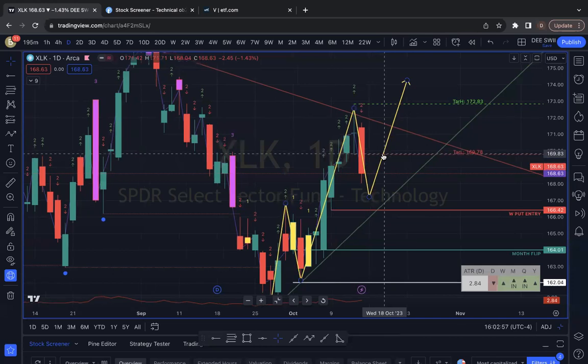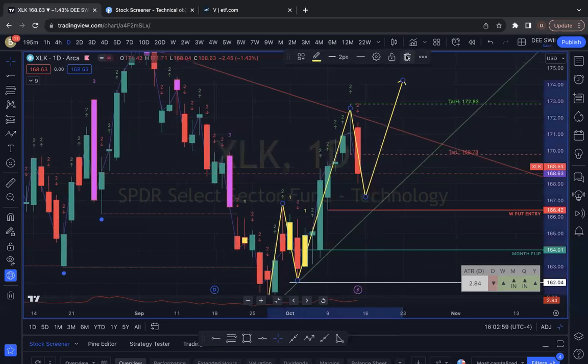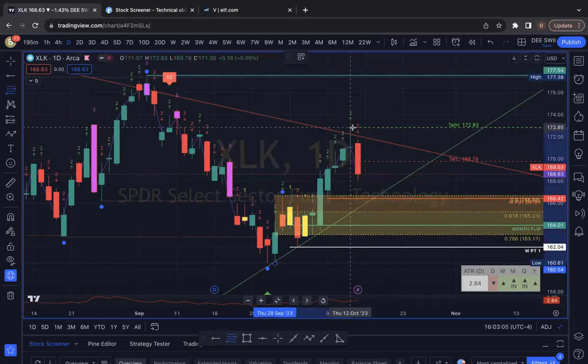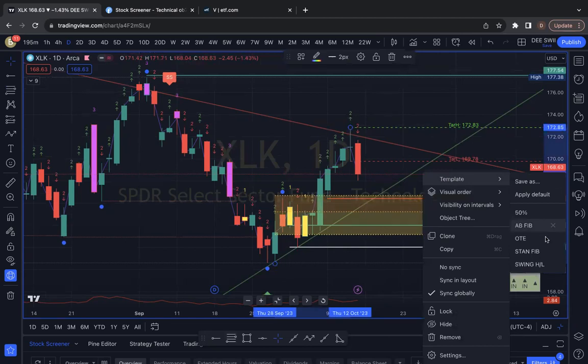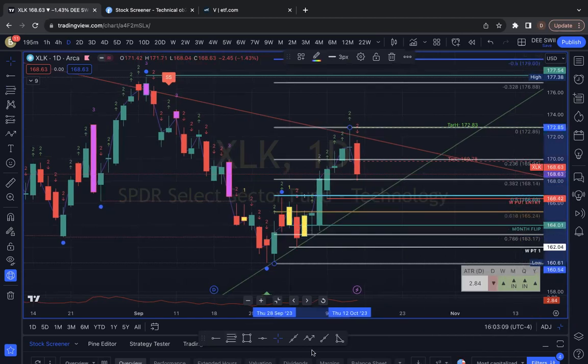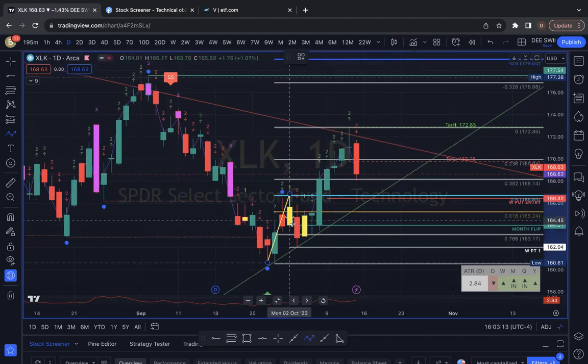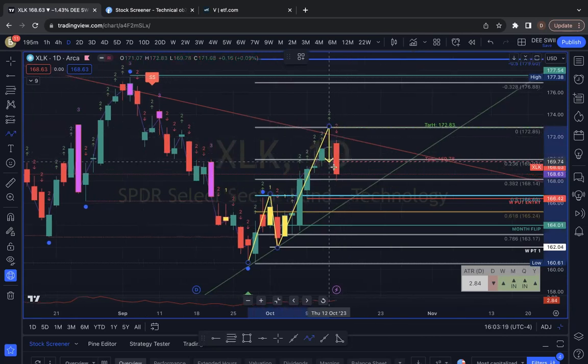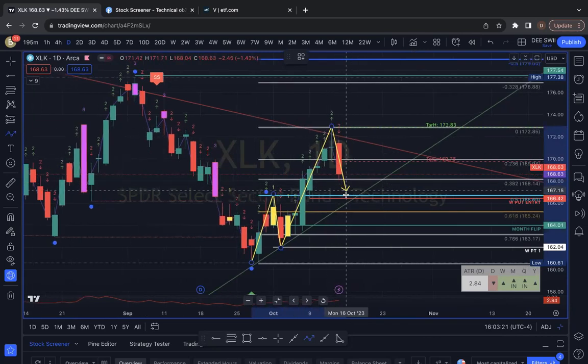So what this will start to look like, and I'll bring my fibs back up, is you will have this type of motion. And you can screenshot this. If you don't believe me, you can screenshot this and come back to it next week. So we have this right here. What can start happening is we come down right here.